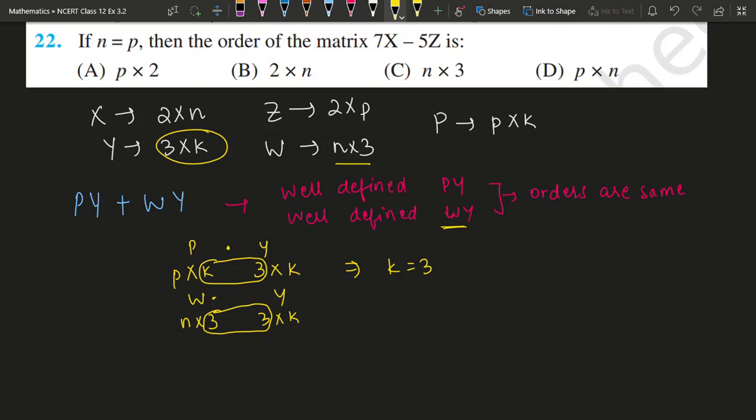Now, also one more thing. The order of the matrix product PY would be p by k, and the order of the matrix product WY will be equal to the outer dimensions, so n by k.